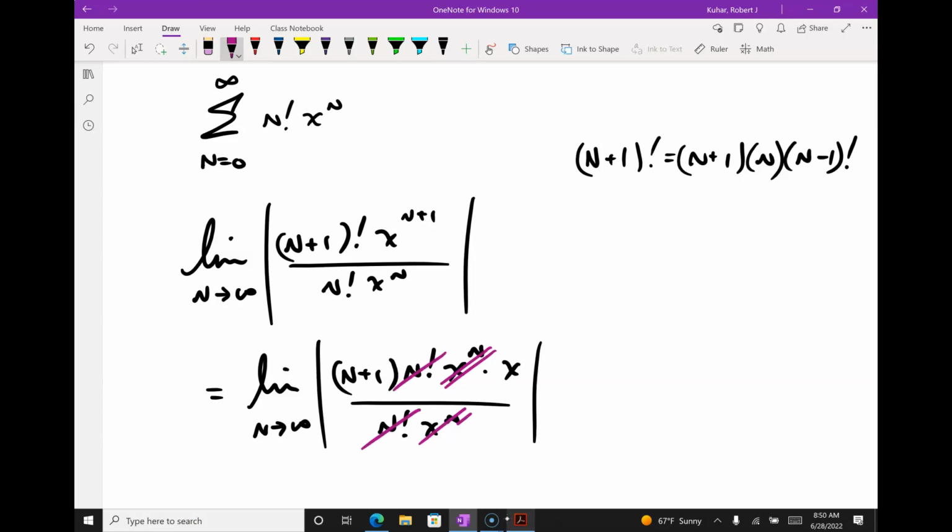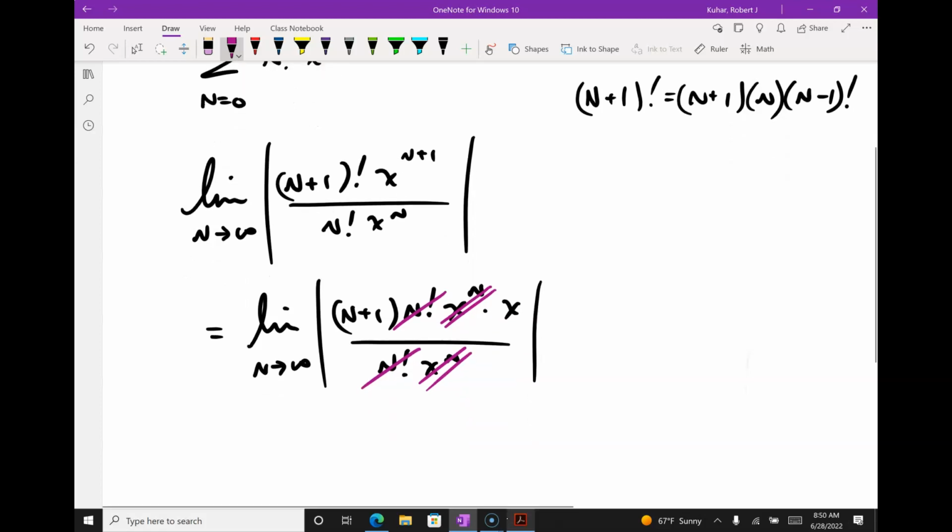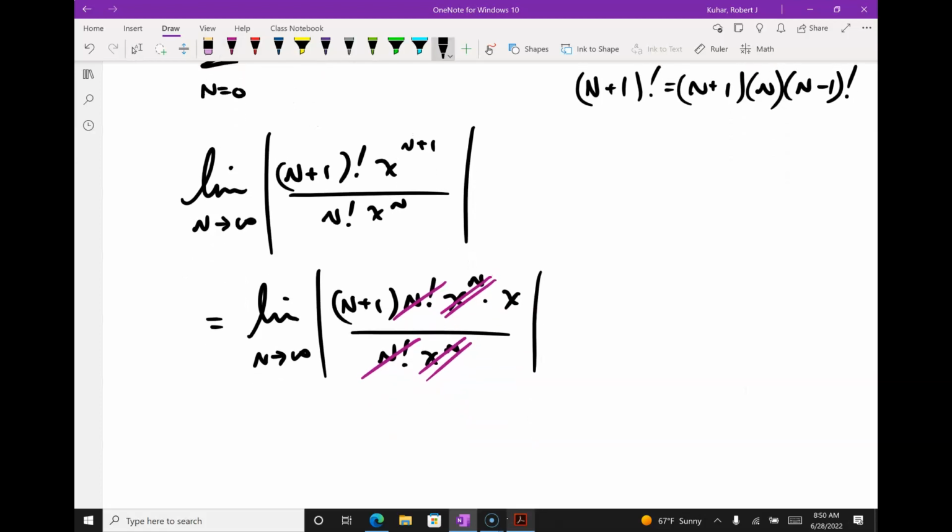The x to the n's cancel. And it looks like I get the limit as n goes to infinity of n plus 1 times x. But where does n plus 1 go to? It goes to infinity.